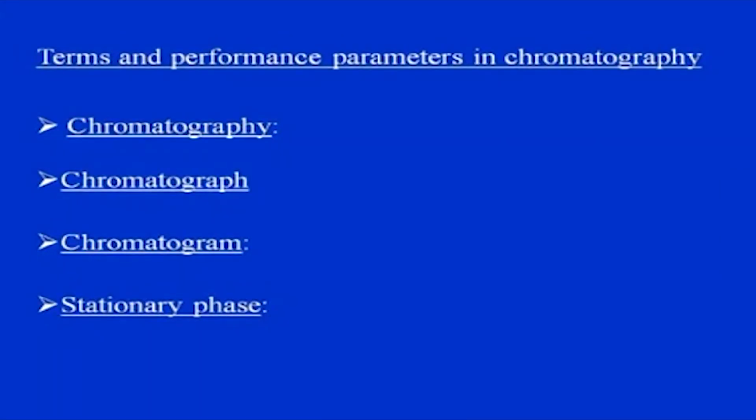Then stationary and mobile phase. The stationary phase is the substance which is fixed in place for the chromatography method, immobilized on a support, or it could be immobilized on a support particle and packed. It could be solid, gel, or liquid.